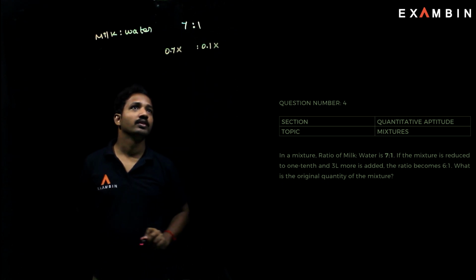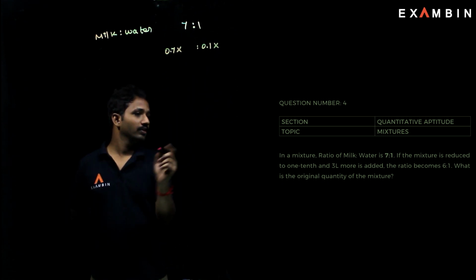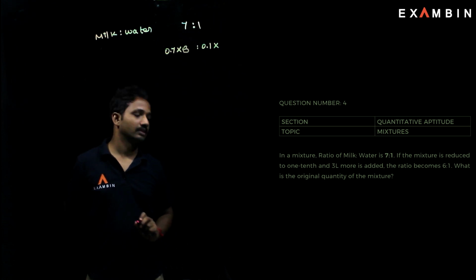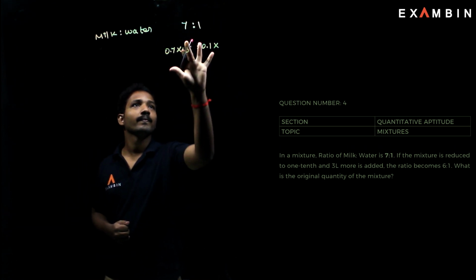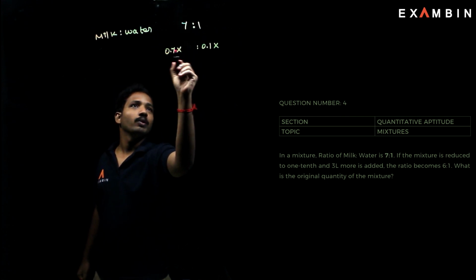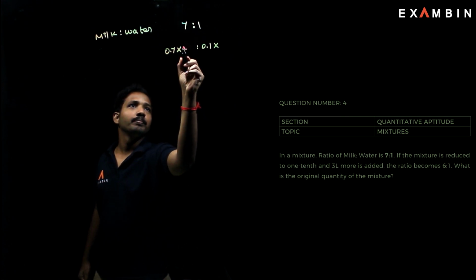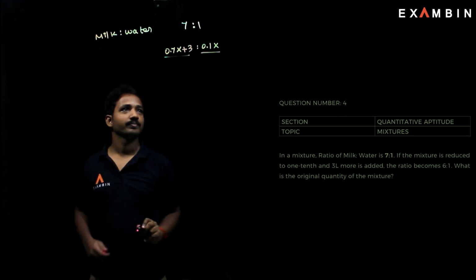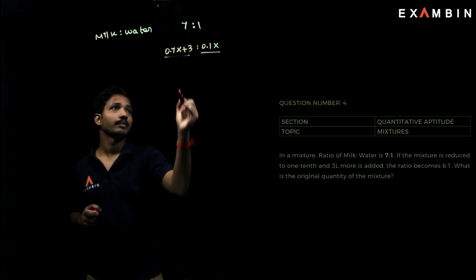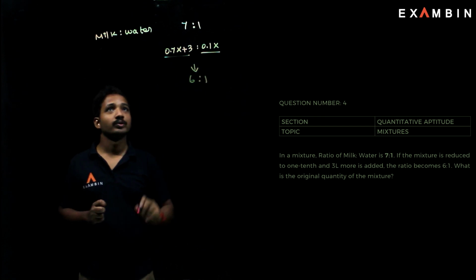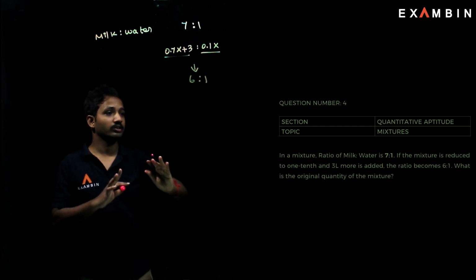In milk itself 3 liter is added, so I'm adding 3. 0.7x plus 3. This is milk and this is water. So this will become 6:1 ratio. So these are all given in the question itself.